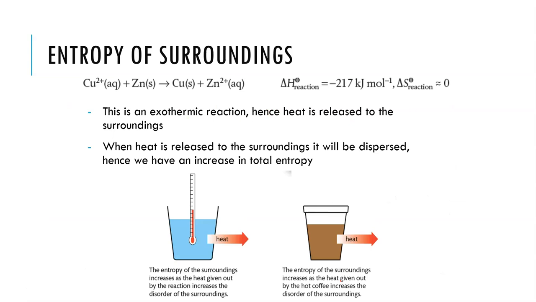If we think about this though, the simple change in the molar number of reactants and products is not the only thing that is going on. It is an exothermic reaction, so heat is being released into the surroundings. This is looking at simply the system or the reaction that is occurring. If we take into consideration the surroundings, we know that heat is being dispersed into the surroundings.